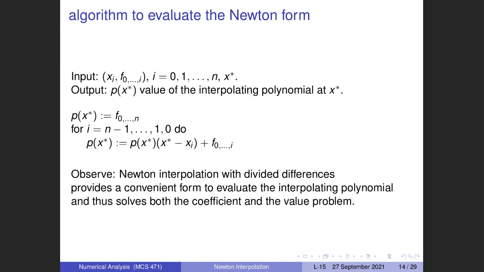All right, so this is summarized here. We have solved both: when we compute the table of divided differences, we have the Newton form, we have the coefficients of the Newton form.